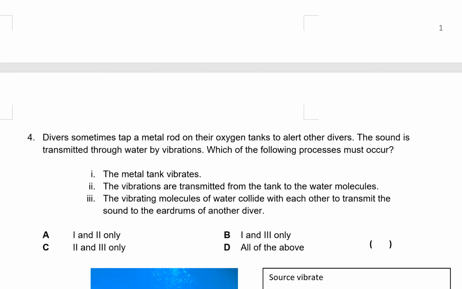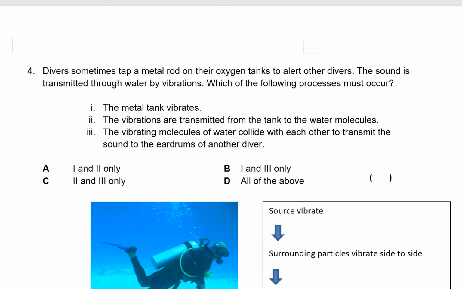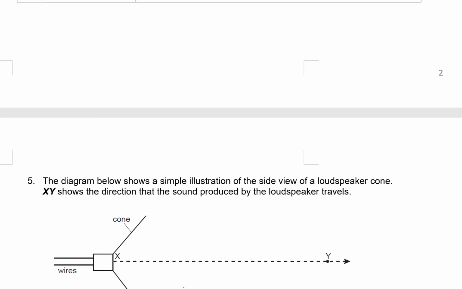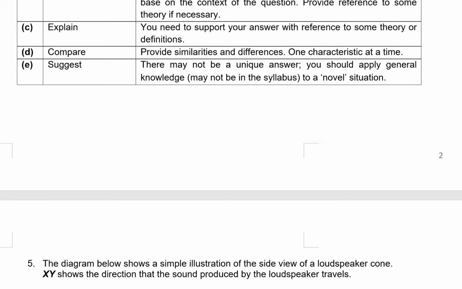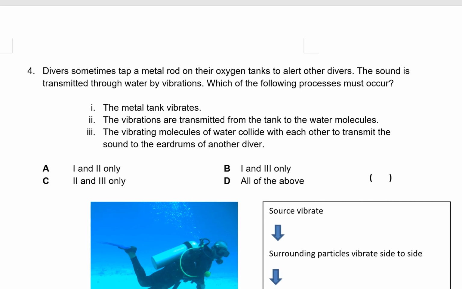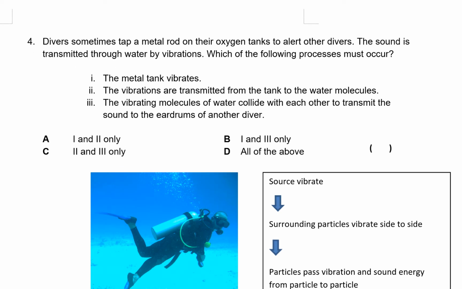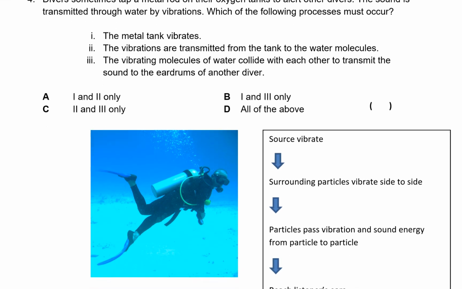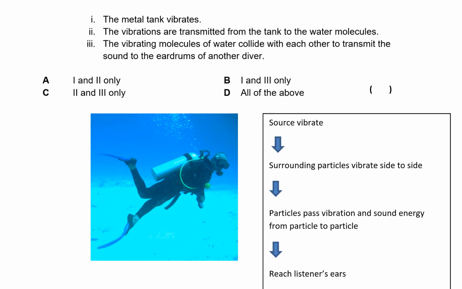Question 4. Divers tap a metal rod to alert other divers, and the sound is transmitted by vibration. So please take note that every time when we talk about transmission of sound, a few things will happen. The first thing is the source will vibrate.